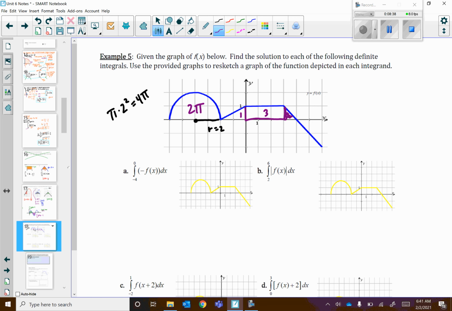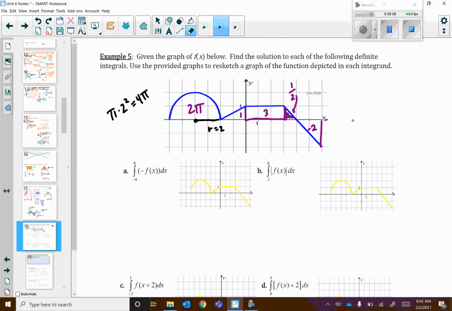This tiny little triangle, 1/2 base times height gives me an area of 1/2. And last but not least, this triangle over here, base of 2, height of 2, 1/2 base times height gives me an area of 2, but it's negative because it's below the x-axis. So I'm going to write it inside there as -2.